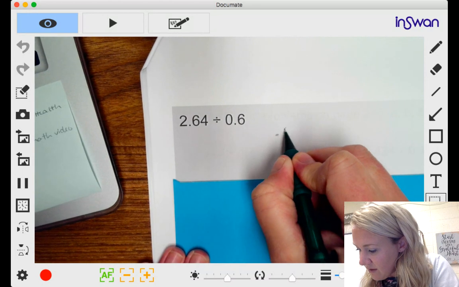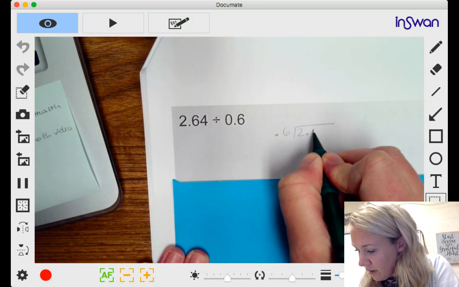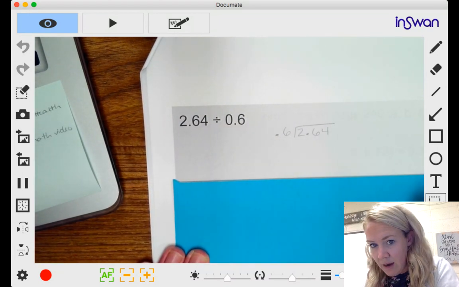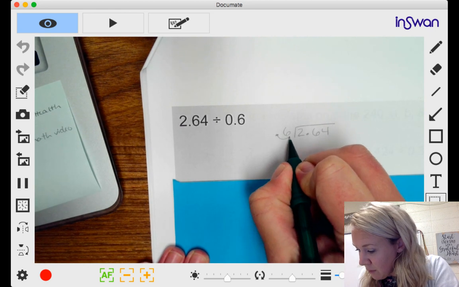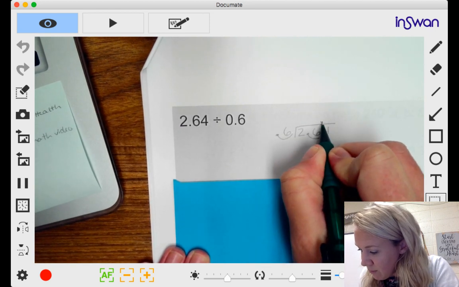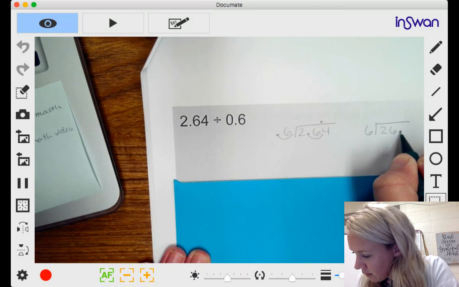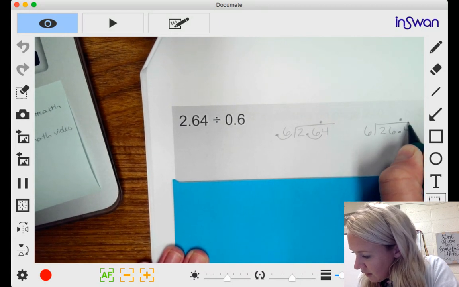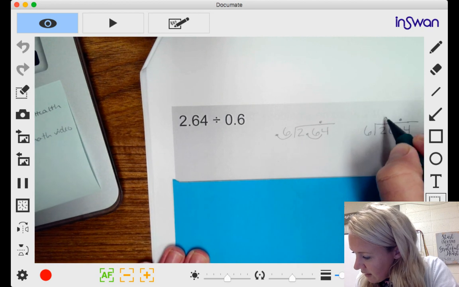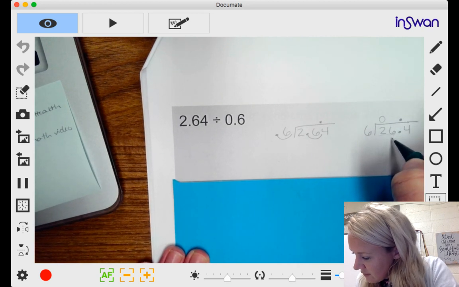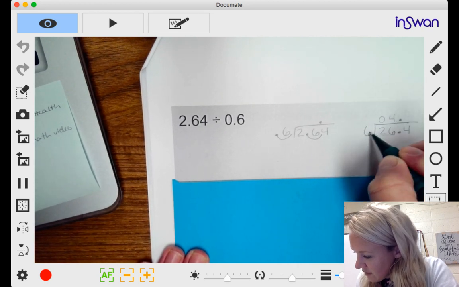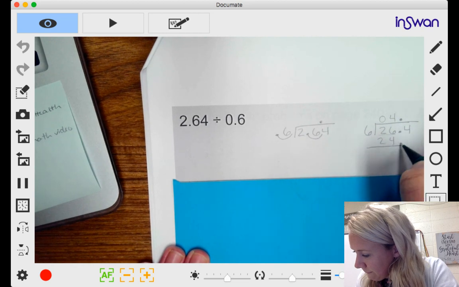But I have 0.6 and 2.64. I don't like having the 0.6 out, so I'm going to multiply by 10, bring my decimal up. If I want to rewrite that, I can, just so that it looks cleaner on my end. So 6 does not go into 2, but it goes into 26 4 times. 6 times 4 is 24.